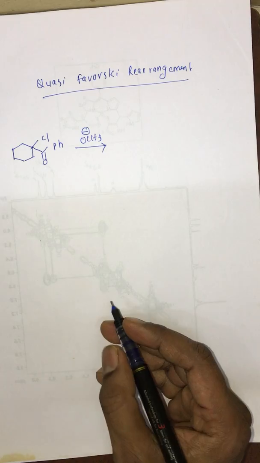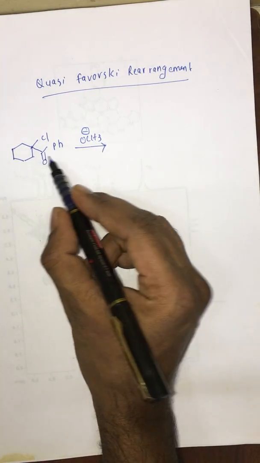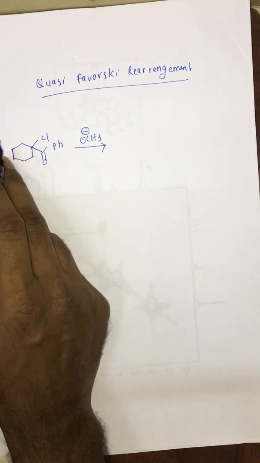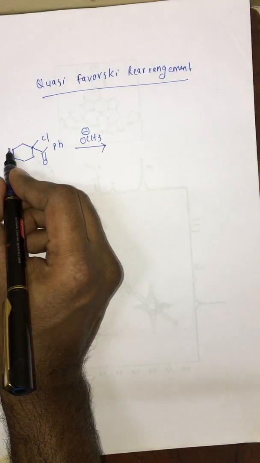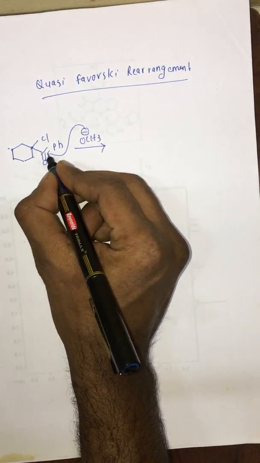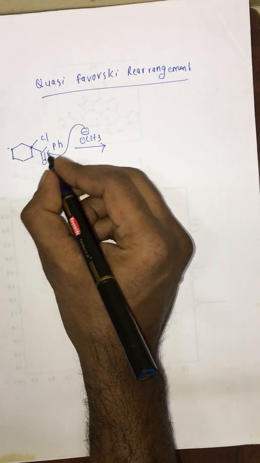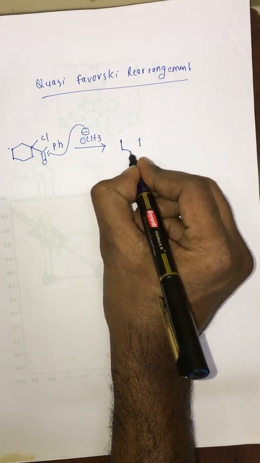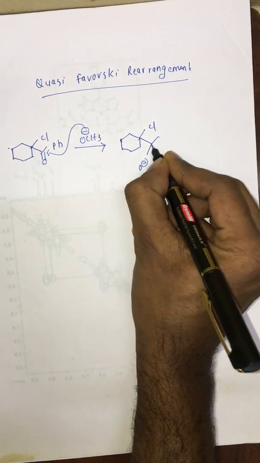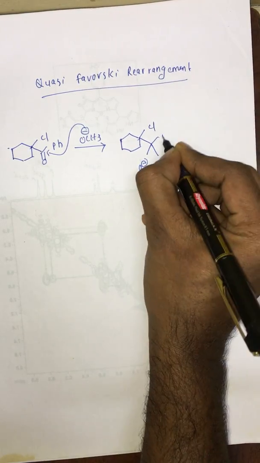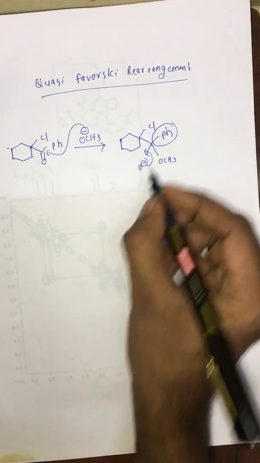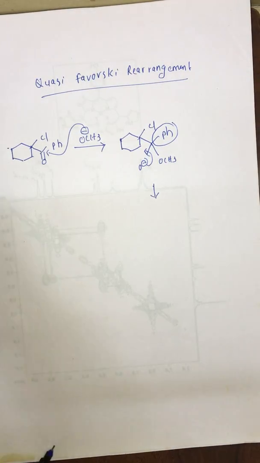So in Favorskii rearrangement, the last step is where OCH3 goes and attacks this CO bond. That is the last step. The first step is abstracting this hydrogen, right? But here the first step is going and attacking this CO bond. Now this is Cl, this is O, OCH3 and Ph. So now this bond goes like this, and this Ph is a migrating group, and this chlorine is a leaving group.